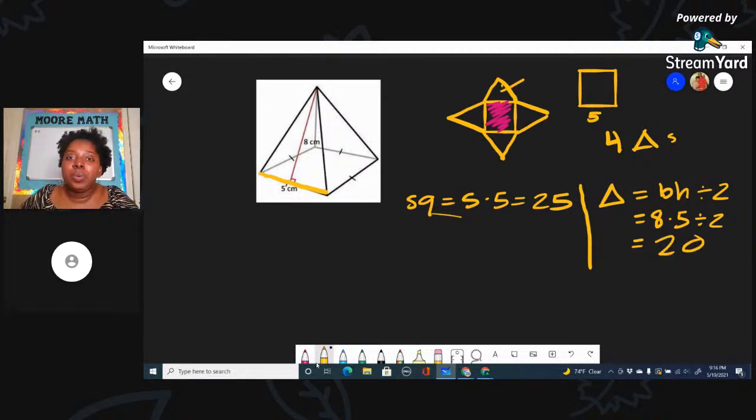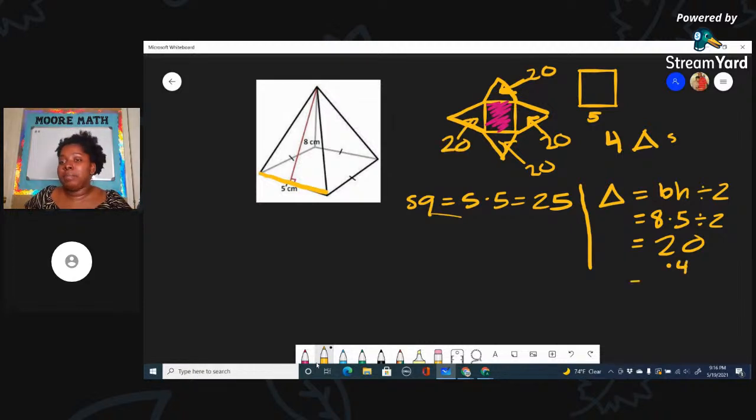Now, if this is 20 and all of these triangles are equal, what's this triangle? 20. Yeah, they're equal, right? That means this is 20, and that means this is 20. All of these 4 triangles are equal, and 20 times 4 is 80. Good.